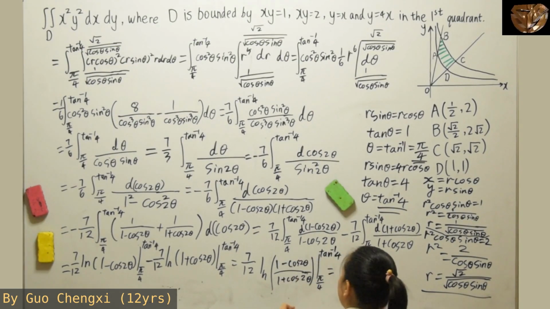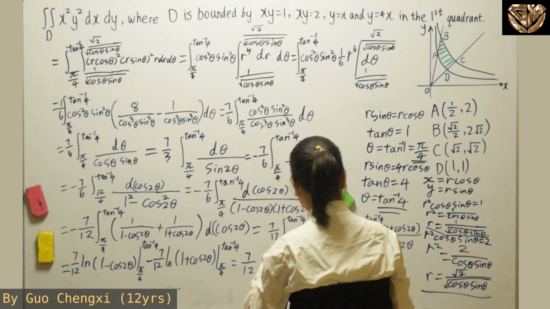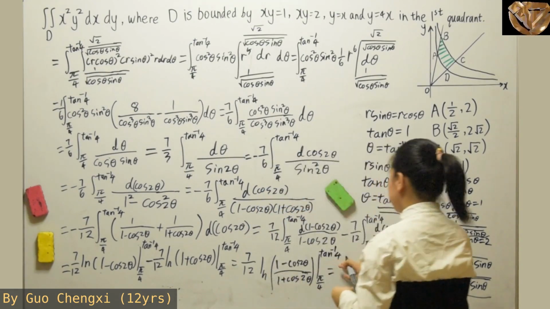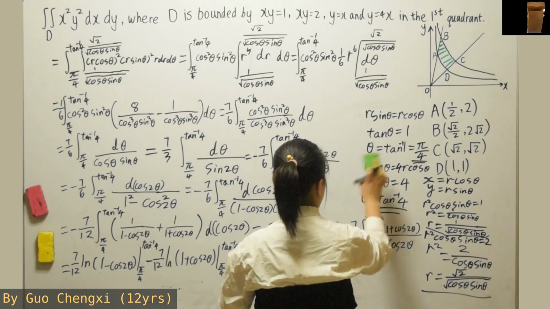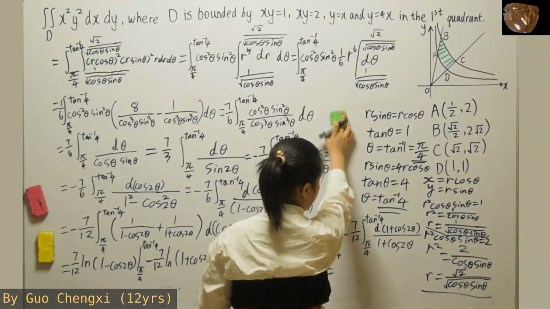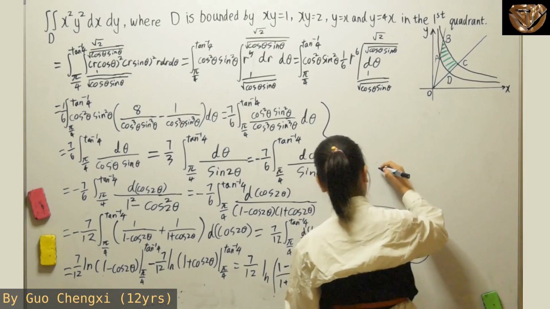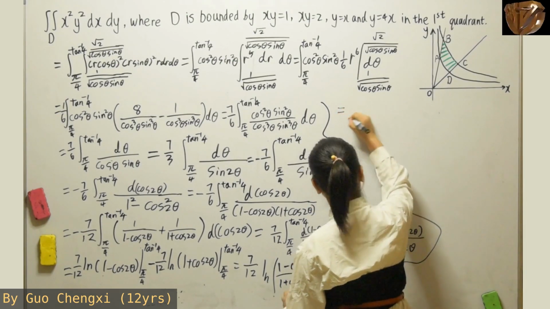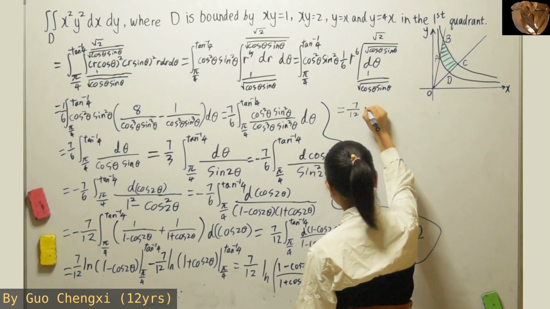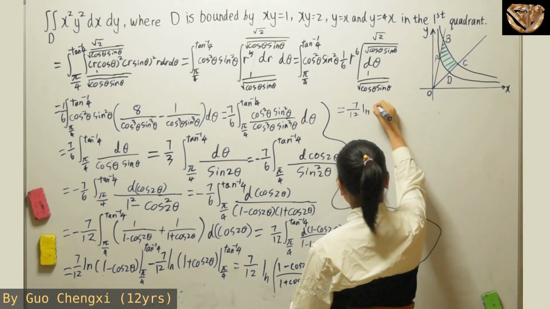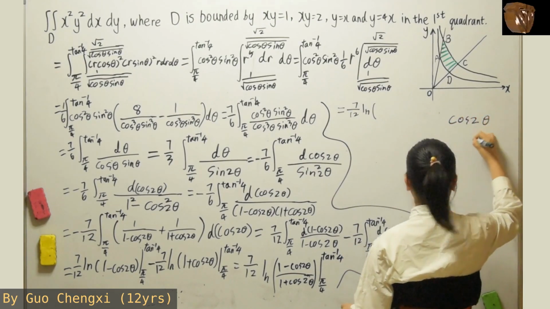For this part, first you have the inverse tangent, and inverse tangent is basically the sine over cosine. Before we sub in the boundaries, what is cosine 2 theta equal to?